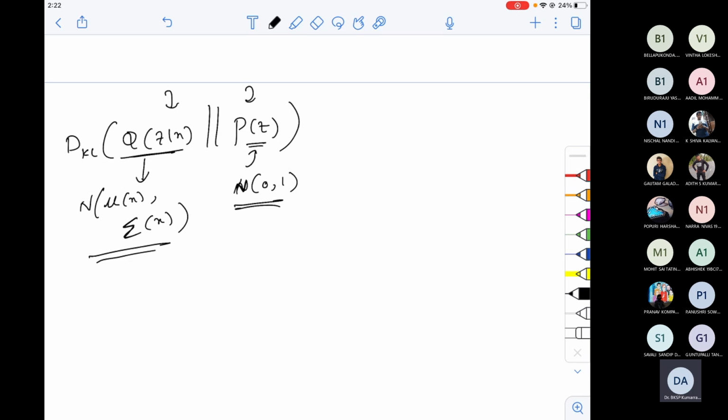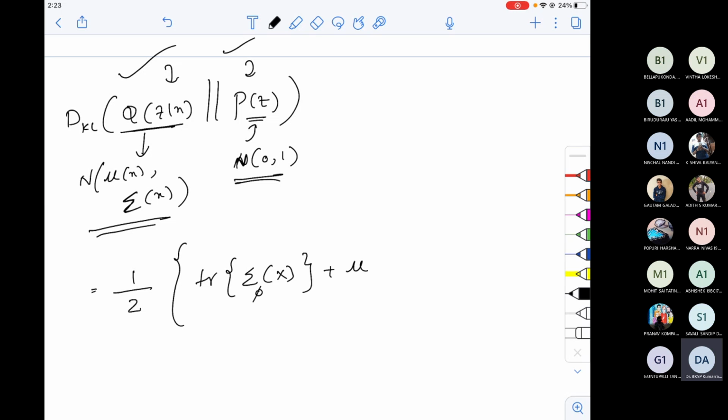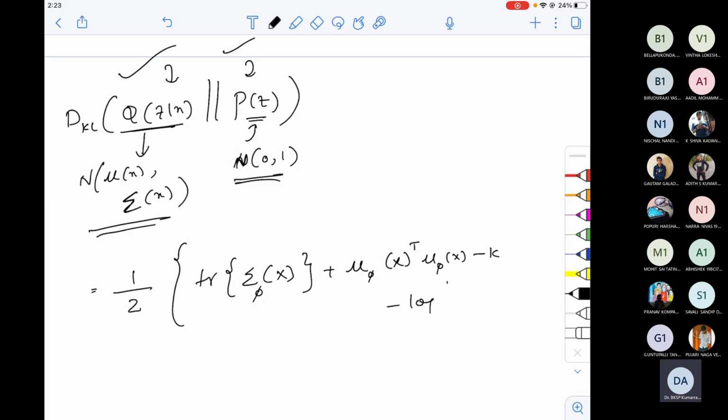Now, KL divergence between two normal distributions is actually 1/2 times the trace of the covariance of x plus mu phi of x transpose mu phi of x minus K minus log the determinant of the covariance of x.